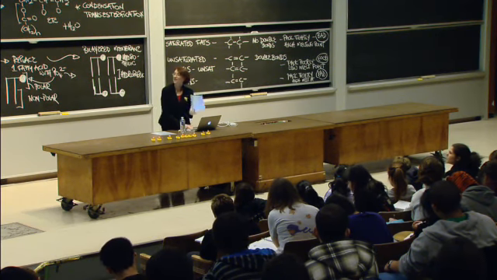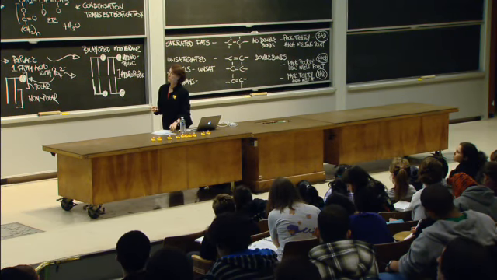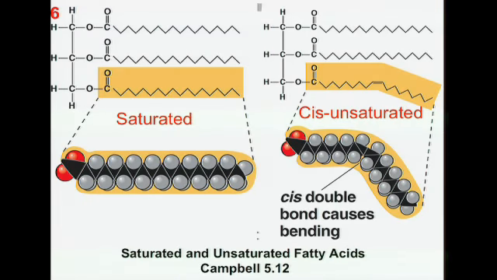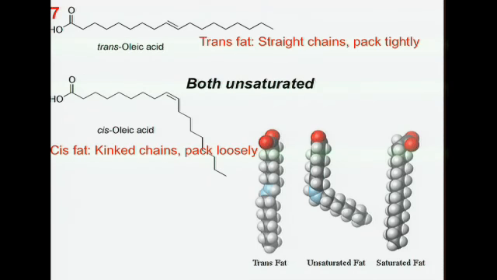All right, let's look at some structures here from your book. Saturated fats, you can see the chains are all straight and they pack very tightly. Cis unsaturated fats, here's a bend in the chain, and this makes the molecules pack loosely. This is a steric, a spatial consideration. And then if you look at trans and cis fats, here's oleic acid.